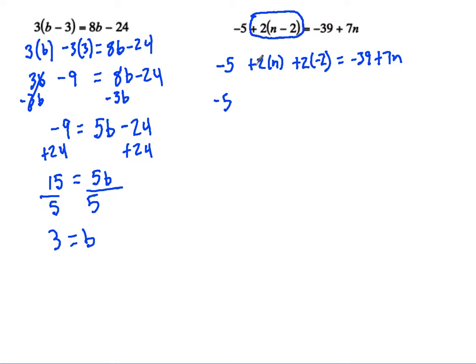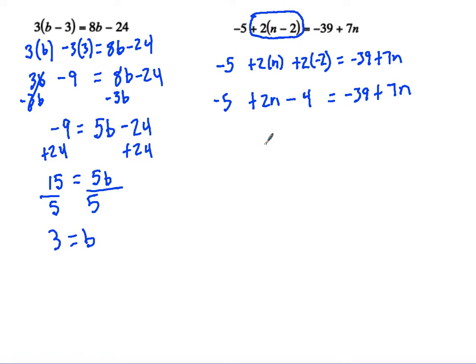-5. Now I'm just going to multiply this. That's all I'm going to do on this step, multiply those two things as I wrote out from the distributive property. So +2 times n would be +2n. And then +2 times a -2 would be a -4. And that equals negative 39 plus 7n.